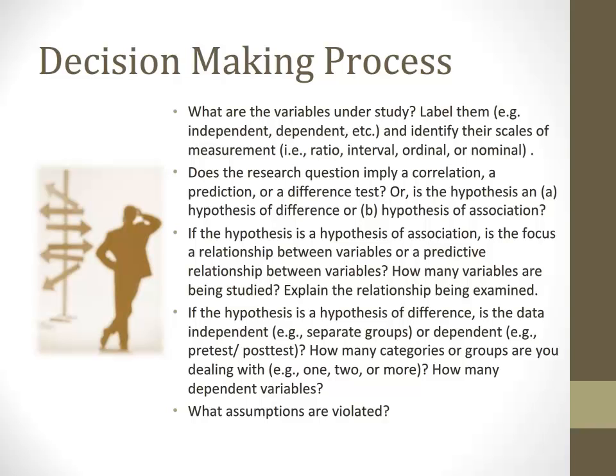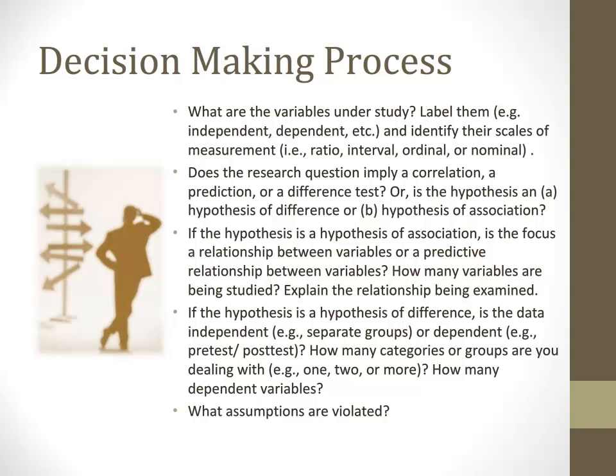The next question is related to a hypothesis of association. If it is, then you need to ask what type of relationship you are looking for. Are you looking for a relationship between variables? Are you looking for a predictive relationship between variables?